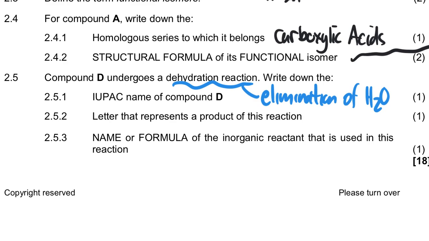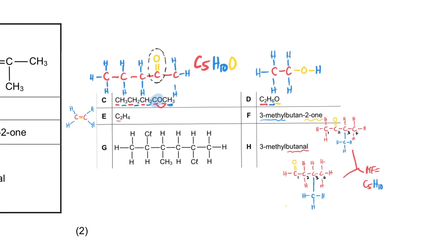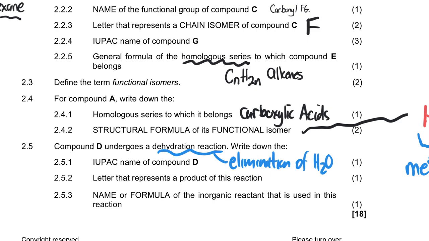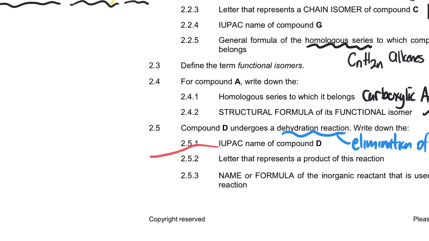So the IUPAC name for D, we've already worked out, is ethanol. So we can see here meth-eth with the hydroxyl group, so this is ethanol. So the IUPAC name for D would be ethanol. We can answer it here.